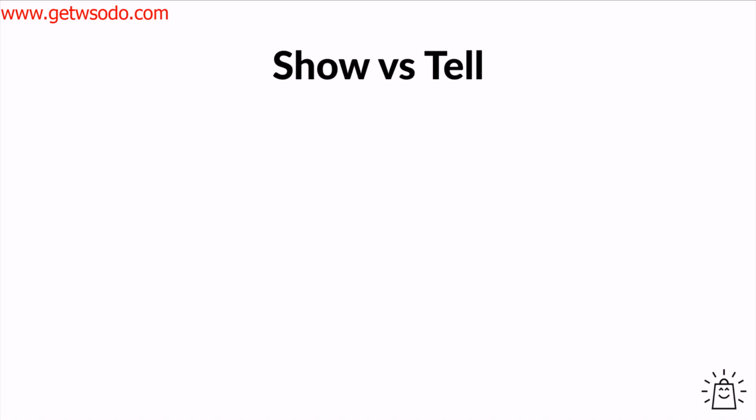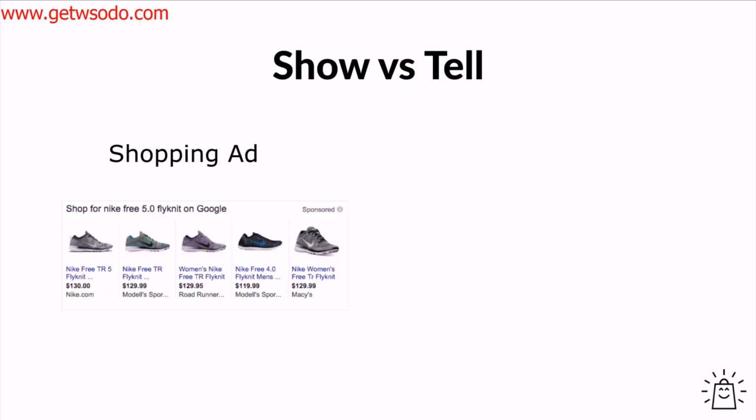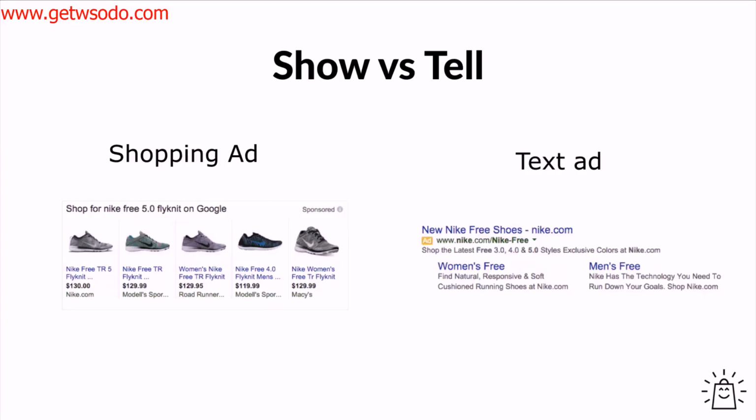Let me give you some more comparisons just to show you the difference between the two. So show versus tell. That's one of the key sales techniques. Show people, don't tell them. On the left, you can see a shopping ad for a specific running shoe. And on the right, you can see a text ad, also for shoes. Well, you be the judge. Which is more attractive?